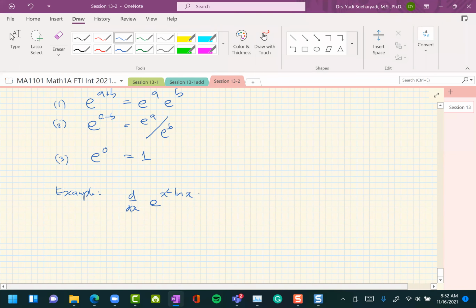The derivative of an exponential remains exponential, but because you have the chain rule, you multiply by the derivative of x squared ln of x. Use the product rule: 2x ln of x plus x squared times the derivative of ln of x, which is 1 over x. So it's x, right? So this is the derivative.